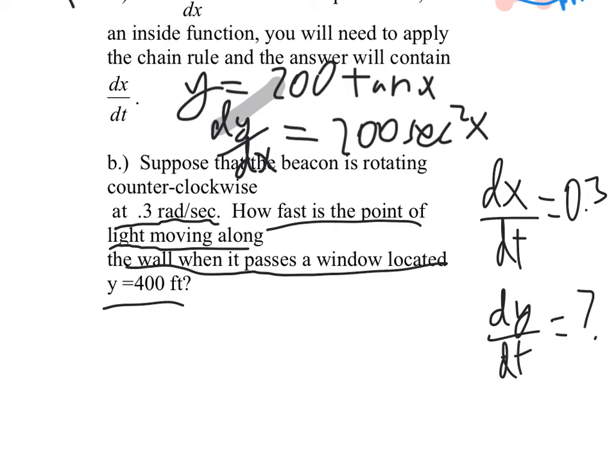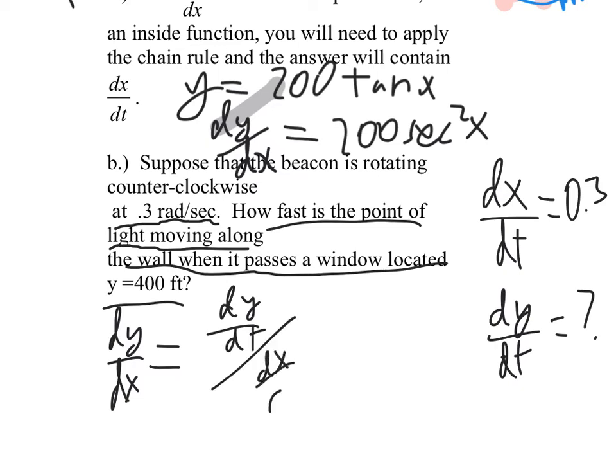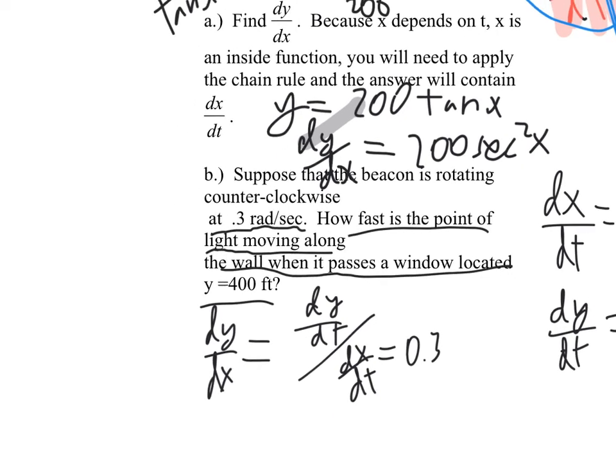That's what we're going to be looking for. In order to find that, we need to know what dy/dx is, because dy/dx equals dy/dt all over dx/dt, which equals 0.3. So let's find out what that dy/dt is.